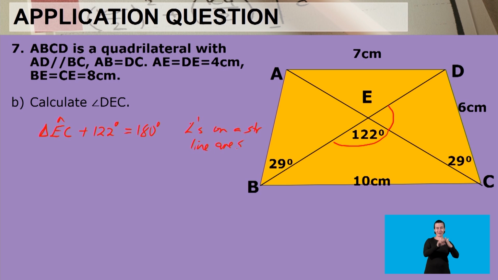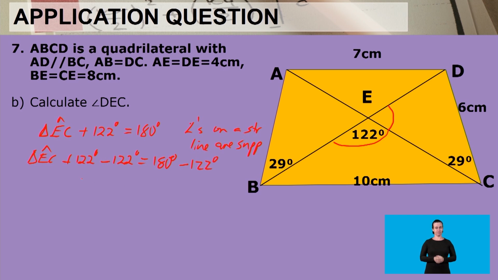are supplementary. Therefore, we need to find the additive inverse of 122 degrees, which would be negative 122 degrees. So angle DEC plus 122 degrees minus 122 degrees equals 180 minus 122 degrees.